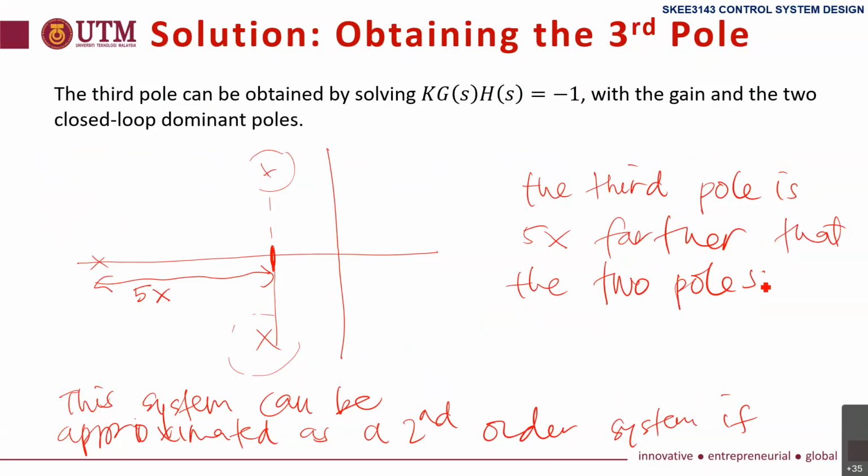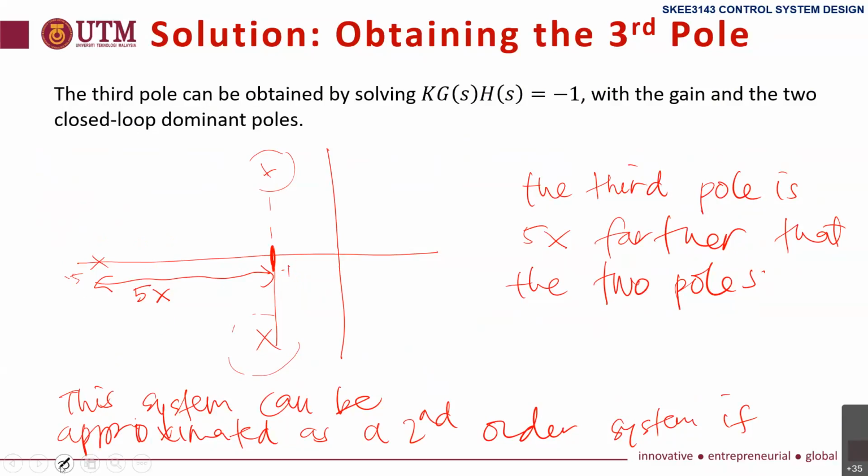If the distance is 5 times, if this is minus 1 here, then minus 5. If here minus 2, minus 10. Minus 3, minus 15. Minus 0.5, here minus 2.5. If more than 5 times, we can say that the pole here can be ignored. The effect is not much on the other two poles.